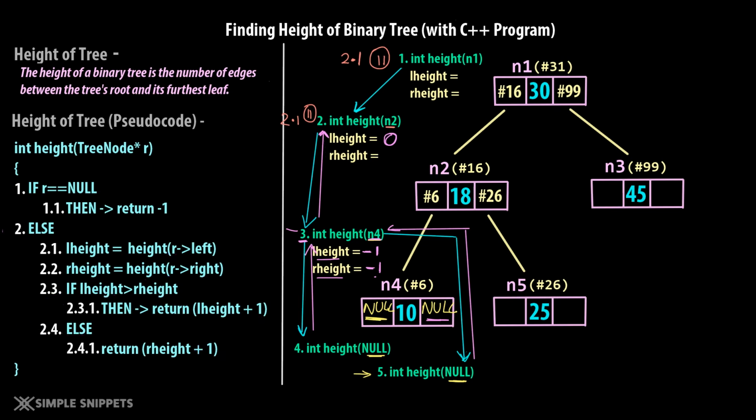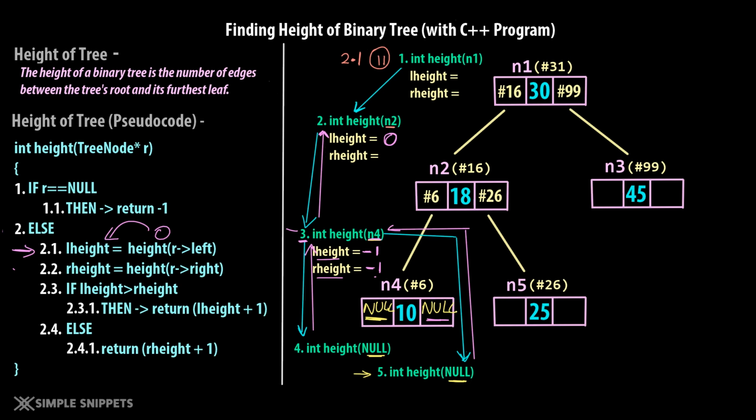For this second int height call, step number 2.1 is this step, which is saying L height is equal to height. So when the third height function call is done its execution, it is returning 0, and that 0 is stored in the L height at step number 2.1. This is where it was paused. So now this second function call will resume its operation from step number 2.2.